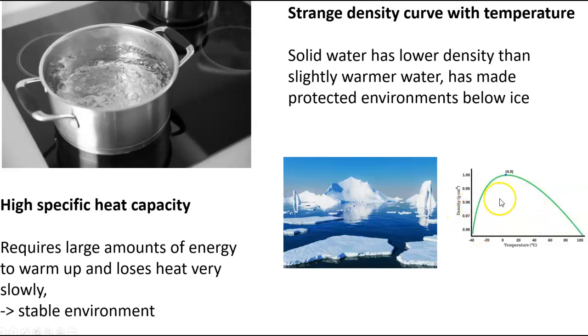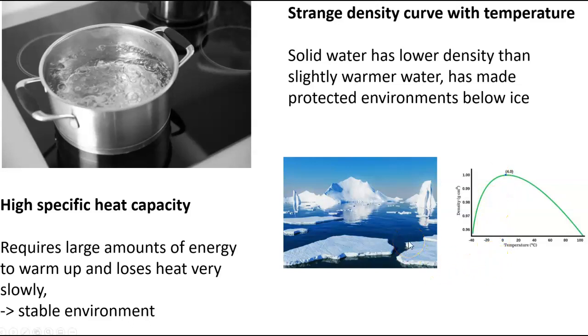In addition, water has this very strange density curve with temperature. The density of water is highest at temperatures about 4 degrees, which means that colder water, meaning ice, floats, and water that is liquid is more dense and will be at the bottom.